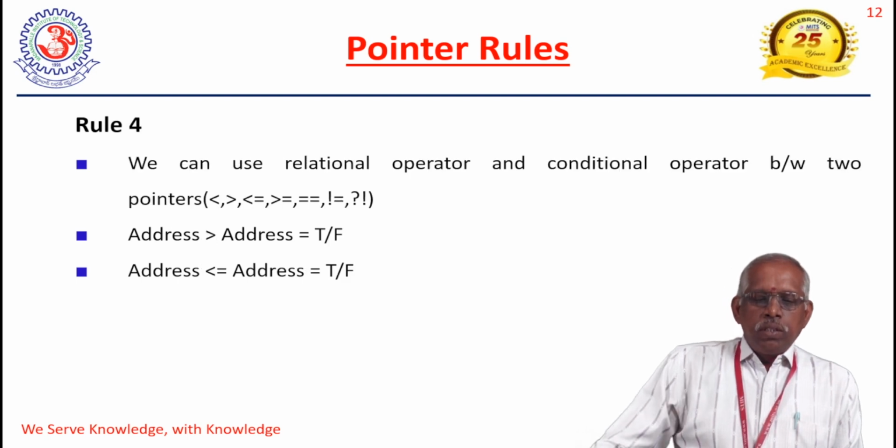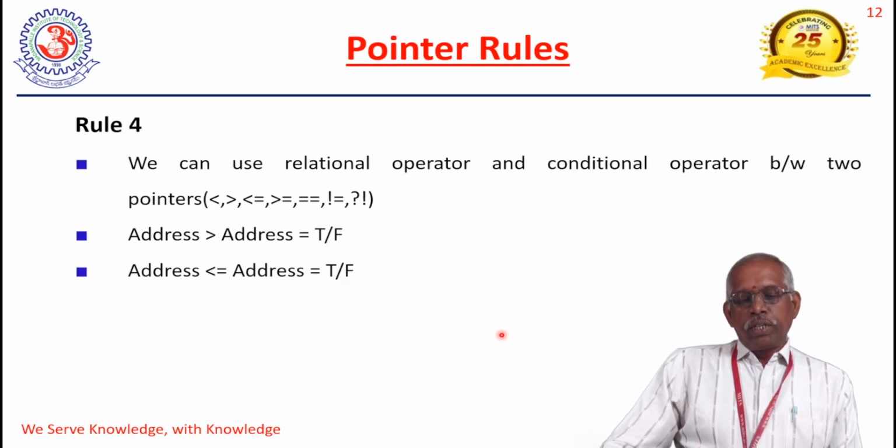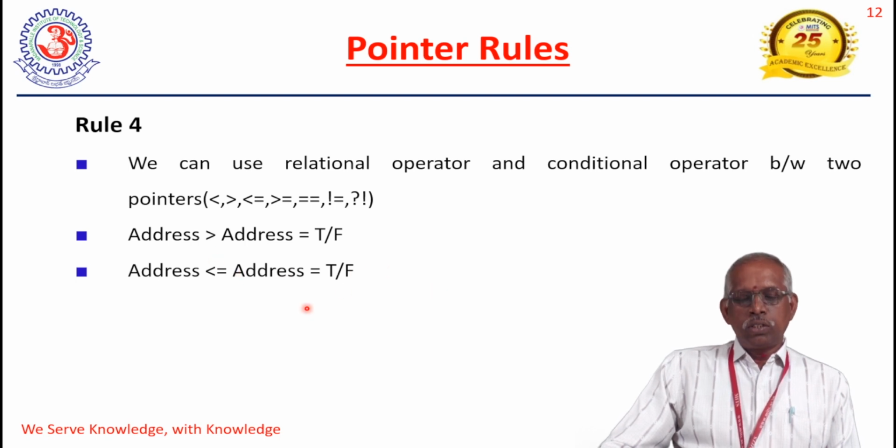Rule 4, we can use relational operators to compare the address values: less than, greater than, or equal, like that. So it will return a true or false Boolean value. So address greater than address will give true or false. Address less than or equal to. So these operations are available. Rule 4 allows us to apply relational operators on pointers also.